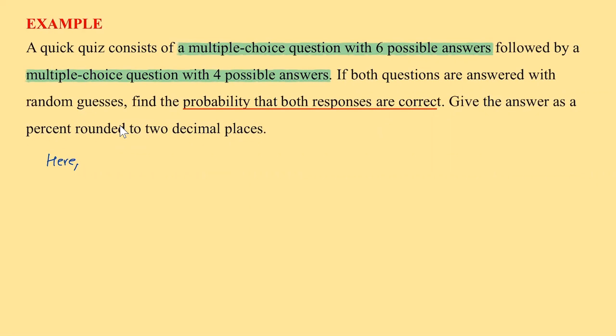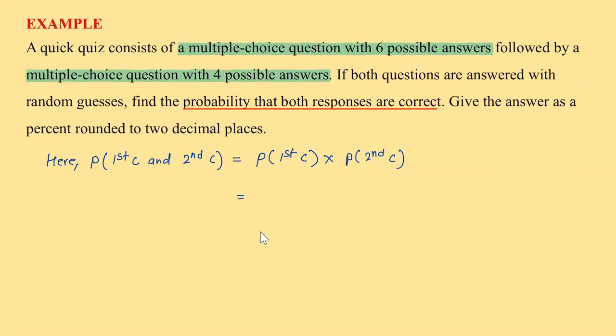So we want the probability of getting the first question correct and the second question correct. Because we have the "and", first question and second question, this is the case of the multiplication rule. So this will be the probability of getting the first question correct times the probability of getting the second question correct.